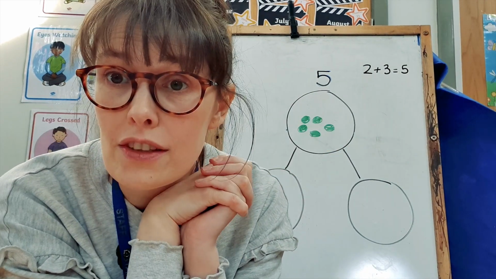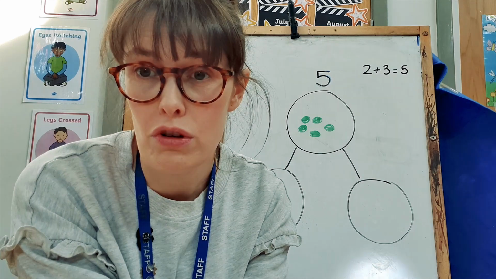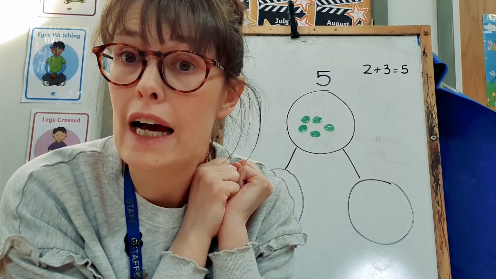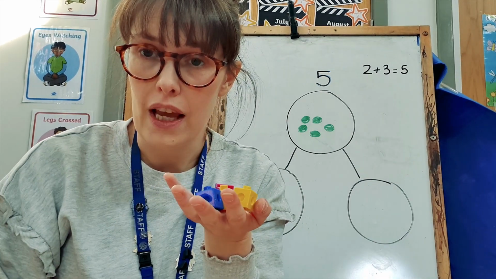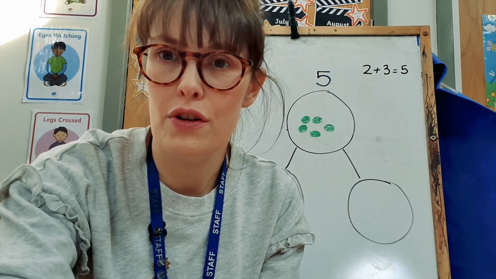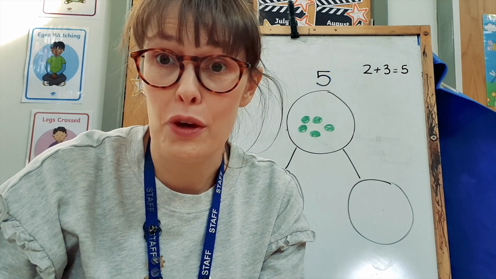Can anybody else come up with a different number sentence that makes 5? So what two numbers could come together to make 5? If you've got an adult at home and you've got some objects on the floor, take 5 and I want you to split them up into two parts. What numbers can you come up with? And we will have a try with the cubes in a moment.